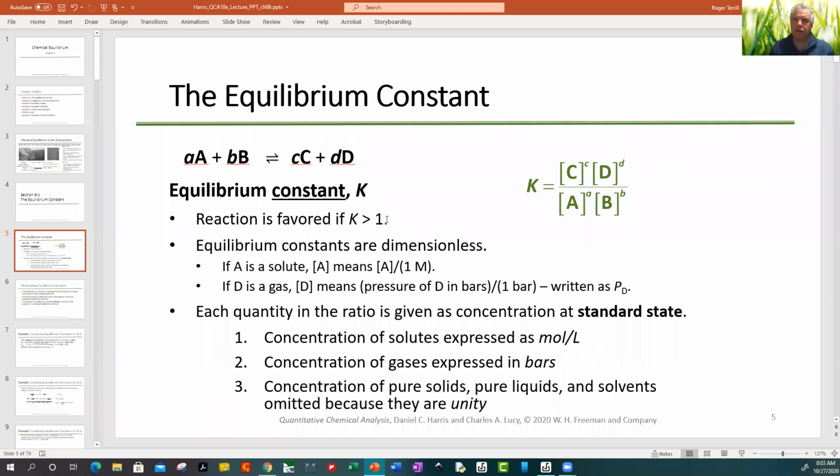It's disfavored if K is less than 1. K is a positive constant. There's no such thing as a negative K value, because you're raising these values to powers, etc. So it's positive, 0 to infinity.